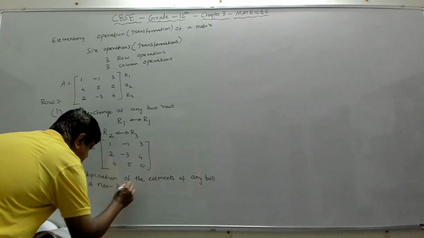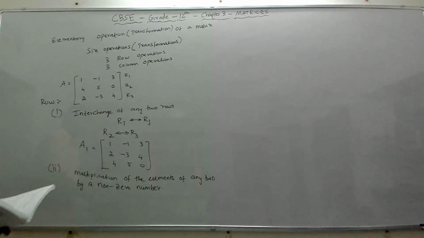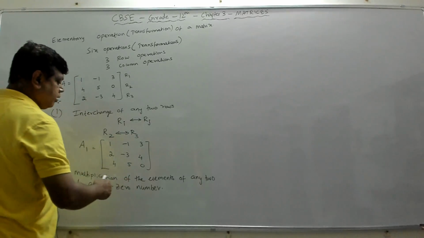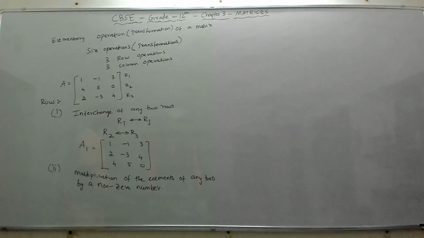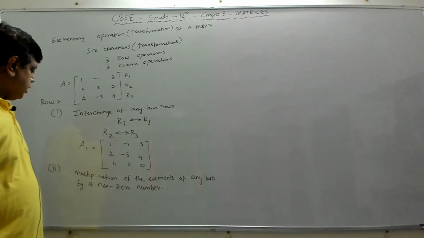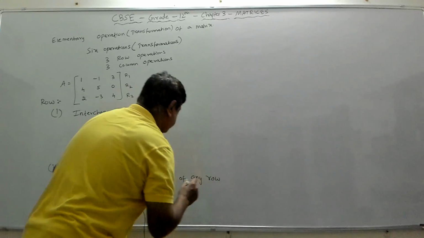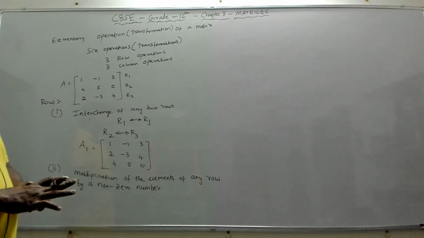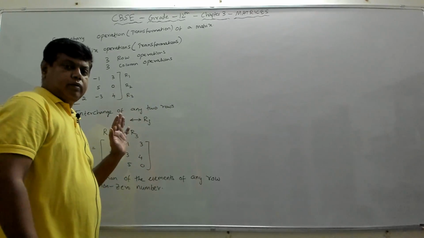What it means is that all the elements of a particular row can be multiplied by some number.